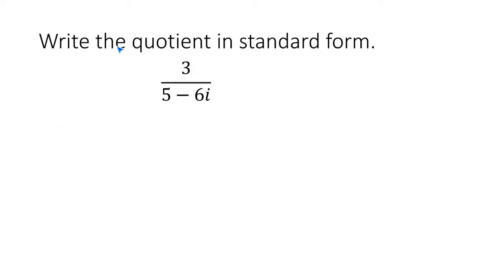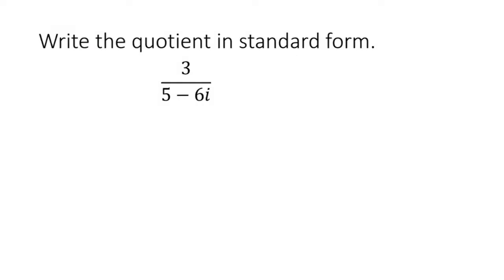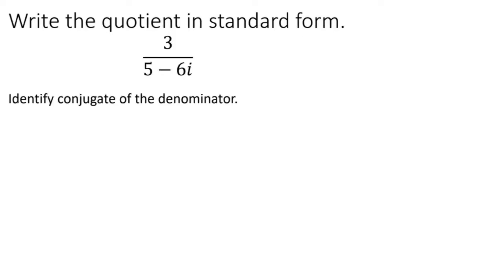Now division, right? So we're dividing these two together. It says write the quotient in standard form. So the first thing we want to do is get something called the conjugate. We're going to get the conjugate of the denominator.